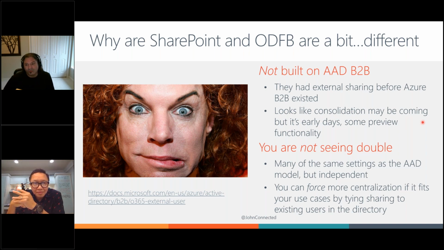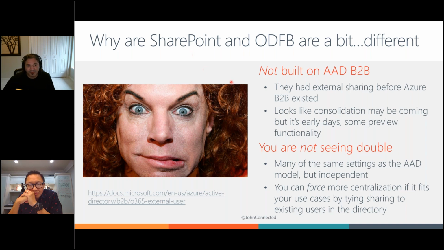So remember that OneDrive for Business and SharePoint had external sharing before Azure AD B2B existed. So we're still in a place where SharePoint Online and OneDrive use a fundamentally different model for external sharing than what groups and teams do.